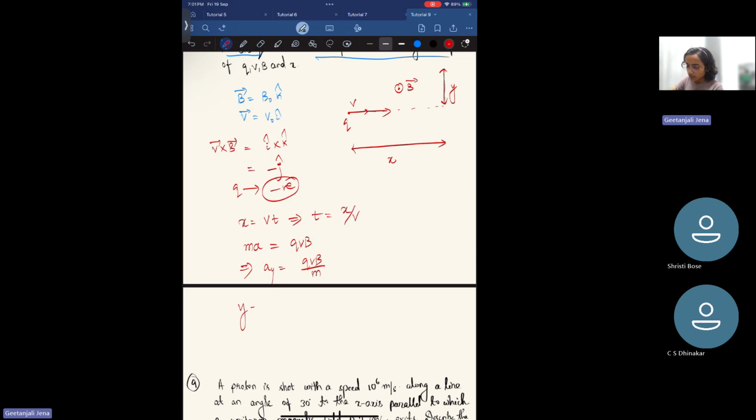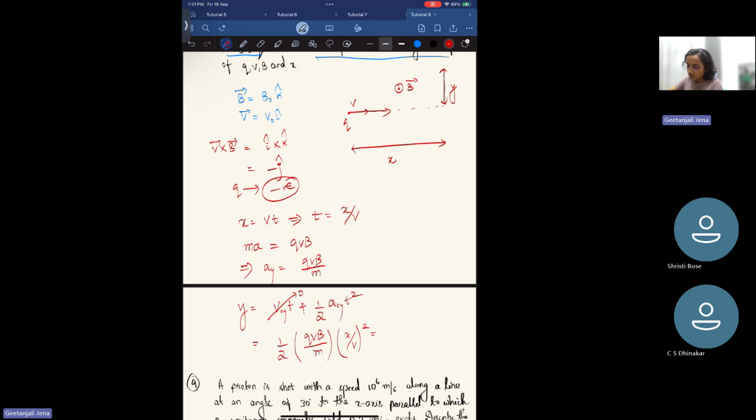So y would now be the initial velocity along y times t plus half a_y t square. The first term is 0 because initially the velocity is along the x direction. So that means this will be half a_y, which is q v B by m, times t square, where t is x by v, squared.